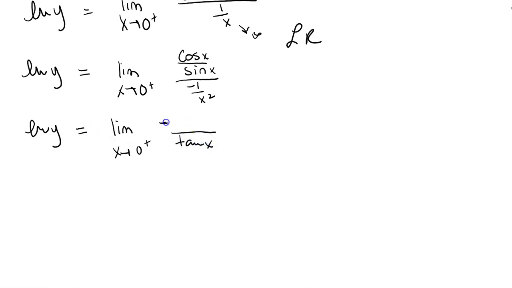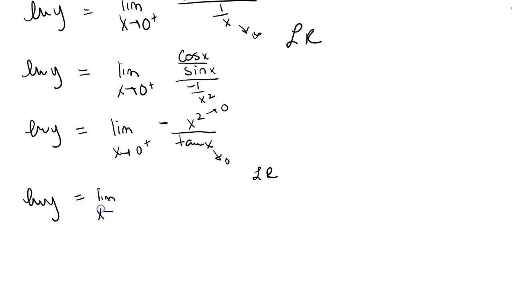I'm going to have a negative out front, and then I'm going to keep change flip to bring this 1 over x squared up to the top, which will be x squared. So I have negative x squared over tangent of x. Now, as x approaches 0, this thing approaches 0, and this thing approaches 0. So I get to use L'Hopital's rule again.